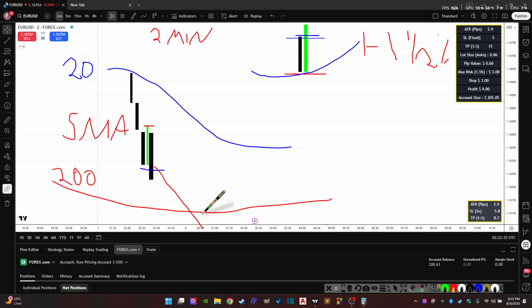Now if price continues, you still can get quite a bit of R out of that. But let's say we keep getting some more green candles, and this would actually be the optimal situation that we're looking for here. We want price to kind of come back near to that 20, like so, kind of show that it's slowing down a little bit.